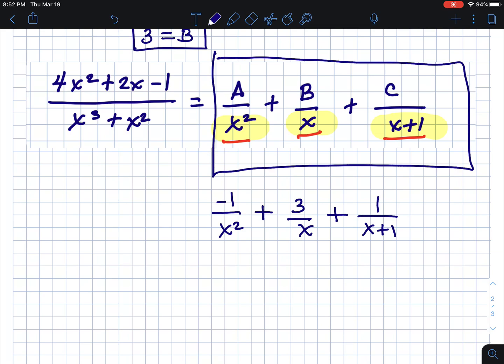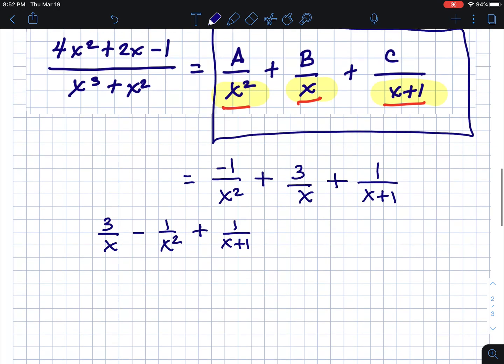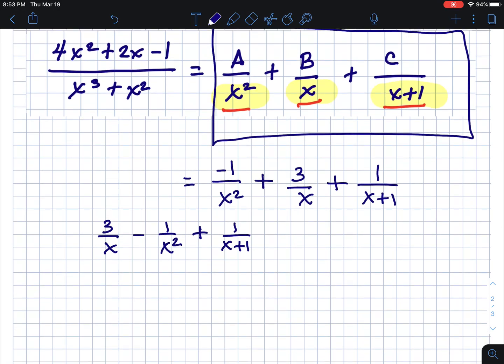Some folks just don't like having a positive up front. For us, we'll just have it here. So that's our partial fraction. And now we're just going to take the integral.